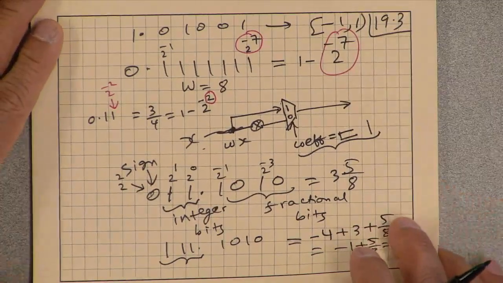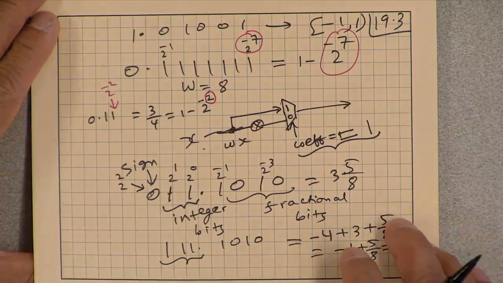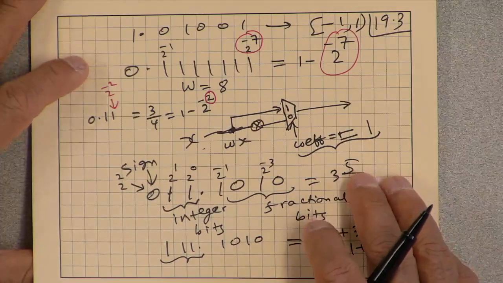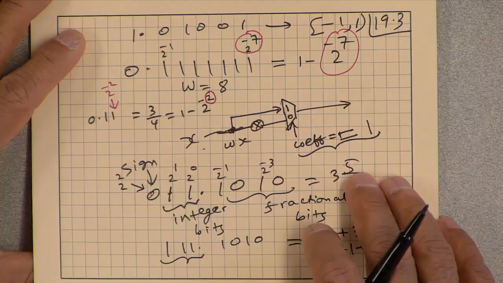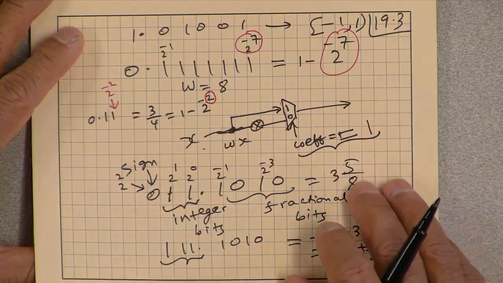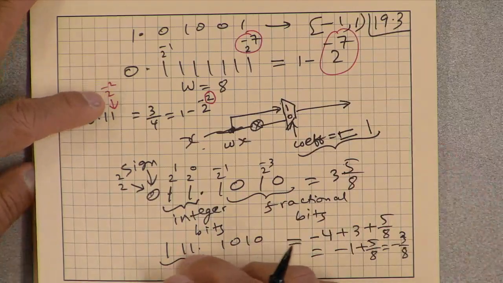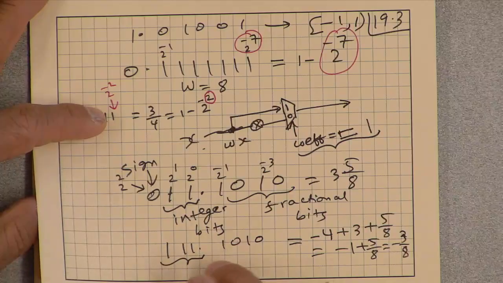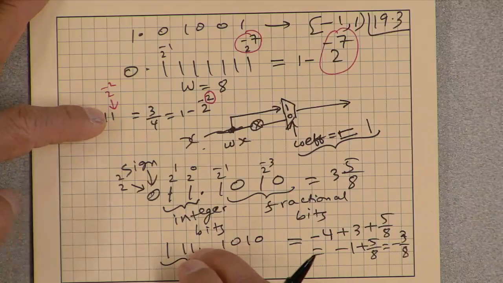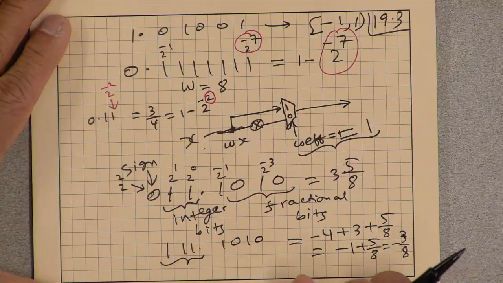Sometimes we might think about signals with a dynamic range more than 1. So I might say the dynamic range of the signal is minus 8 to 8. Then we will need 4 integer bits. With three integer bits, I can represent between minus 4 to plus 4. Why minus 4?